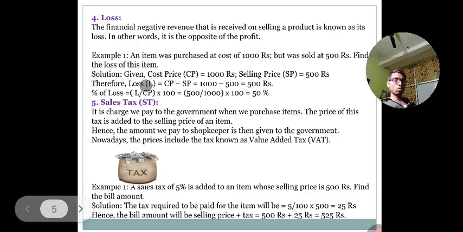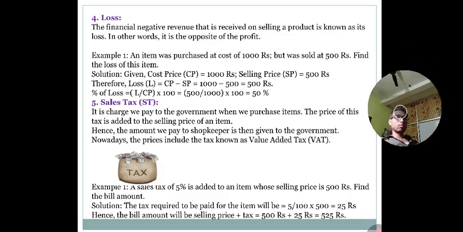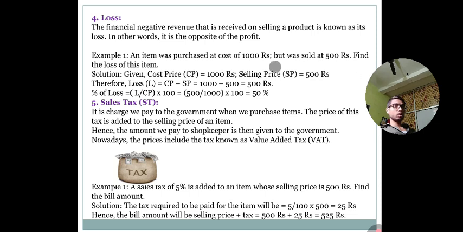Example: an item was purchased at a cost of 1000 rupees but was sold at 500. So suppose you got a loss of 500. Find the loss percentage of this item. 500 is the loss. Now in percentage, loss is 500 upon CP. Cost price is how much? 1500.